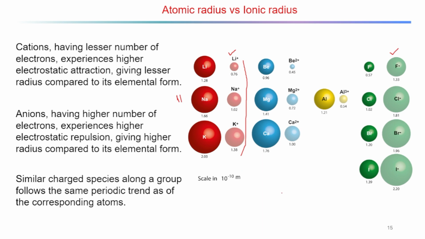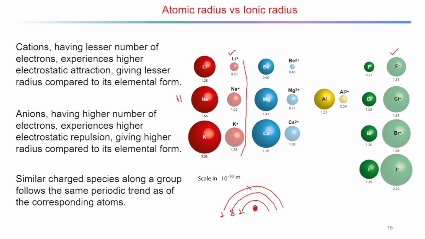I will try to clear this concept here. See, this is my nucleus and these are the shells. Let's see in case of sodium. In sodium, we have 2 electrons in the first shell, then 8 electrons in the next shell, and 1 electron in the last shell.